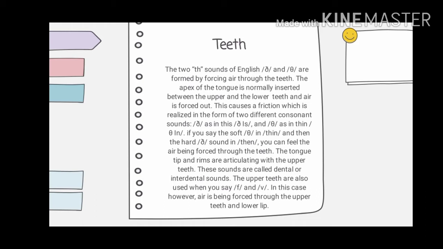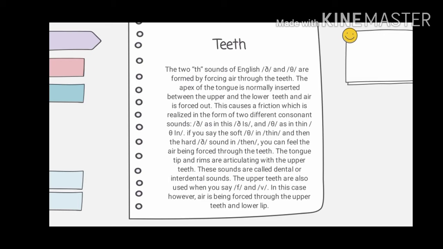This causes friction, which is realized in the form of two different consonant sounds, th as in this and th as in thin. If you say the soft th in thin and then the hard th sound in then, you can feel the air being forced through the teeth.